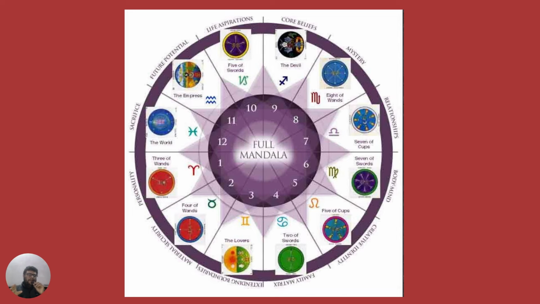You can divide the lifespan into 12 parts and then say, okay, during your childhood, these were the circumstances, these were the situations you faced. In your youth, you faced these circumstances. In your adulthood, in your mid age, and in your old age, these were the circumstances. So this is how the mandala spread is used. It is another very advanced stage tarot spread.